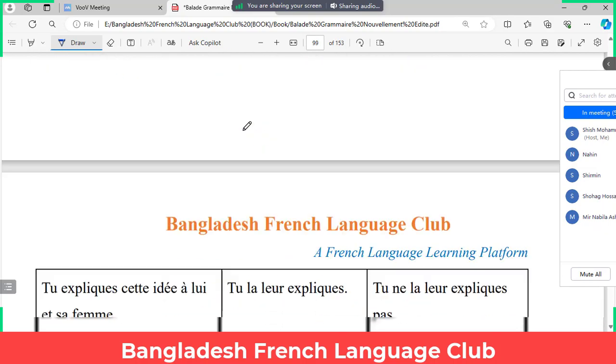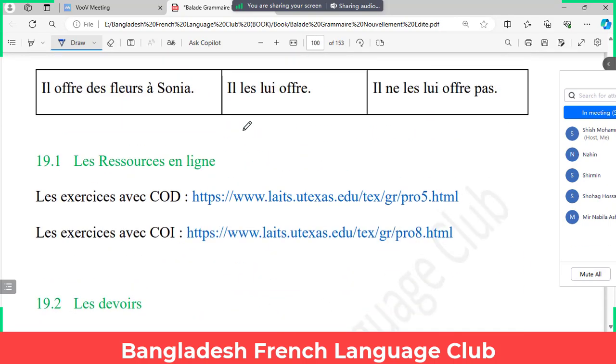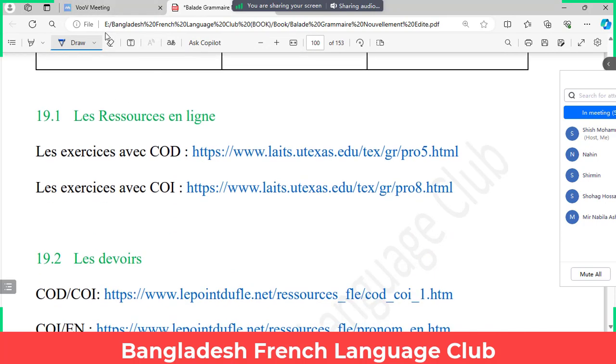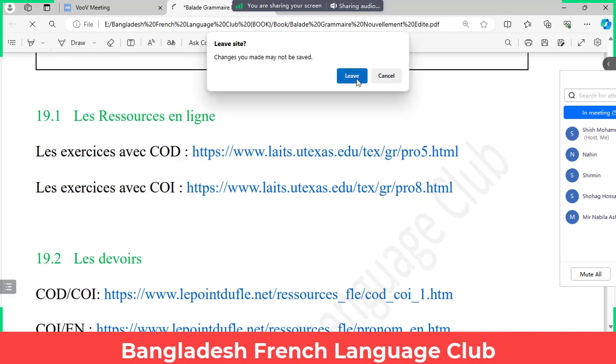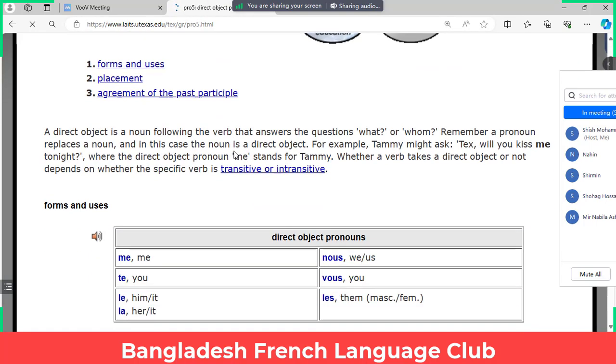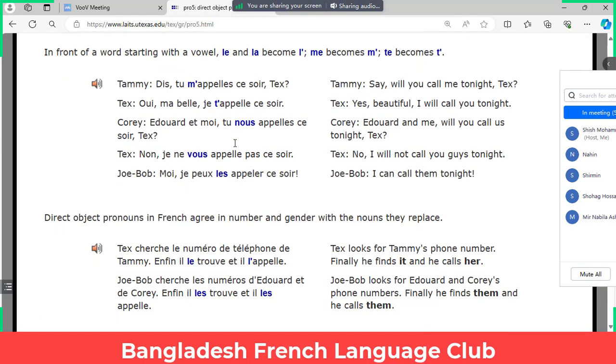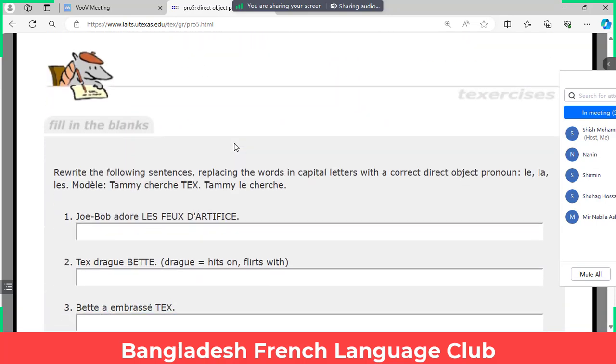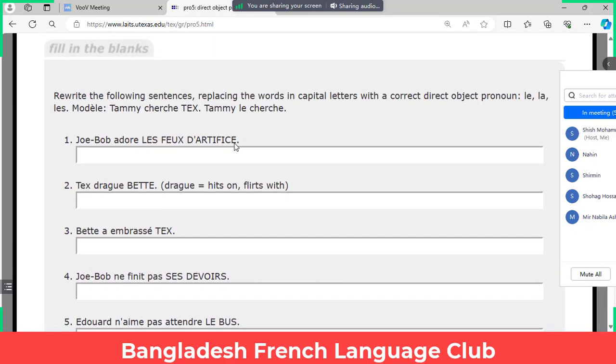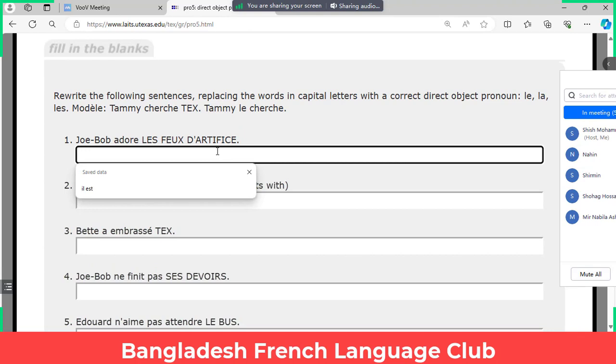Okay, now here are some examples. Let's look at the following sentences.